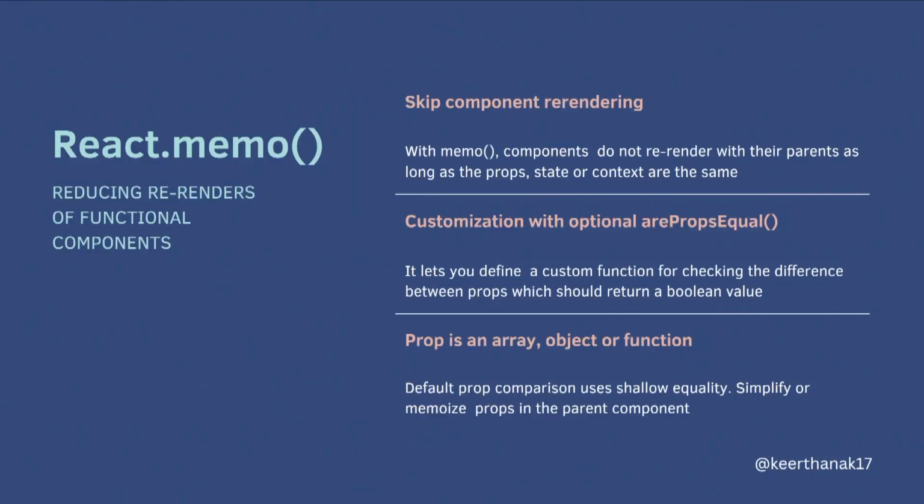I do have a few minutes, so I would like to talk about some React-specific methods to improve the layout thrashing problem that I faced earlier on. The first optimization method I'd like to talk about is React.memo. React.memo is a React tool to reduce the re-renders of a functional component.